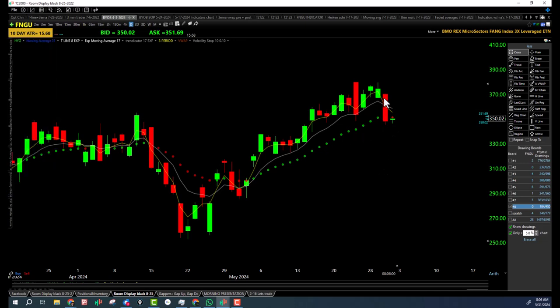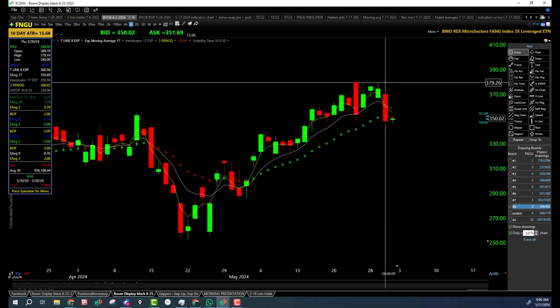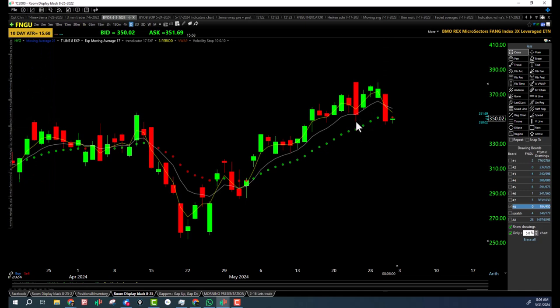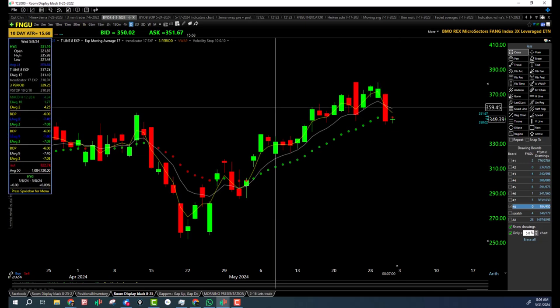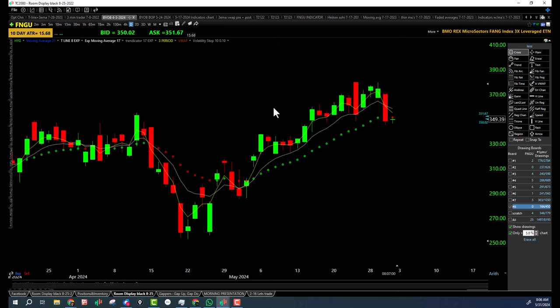There's FNGU almost in a downtrend there, really breaking this low. Got a high here, not quite a lower high, but an equal high, but almost in a downtrend there on FNGU.